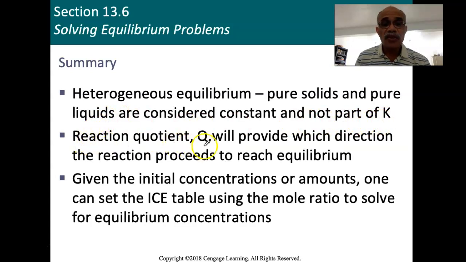The reaction quotient deals with the concentrations of the system at initial conditions, so that can be used to provide the direction in which the reaction will proceed in order to reach equilibrium. And given any set of initial conditions or amounts, we can set up an ICE table using the mole ratio to solve for the equilibrium concentrations. So that brings to the end part 2 of this topic, chemical equilibrium, and thank you for listening.